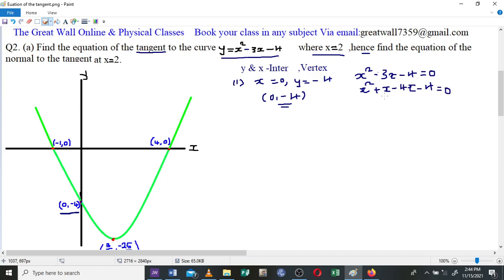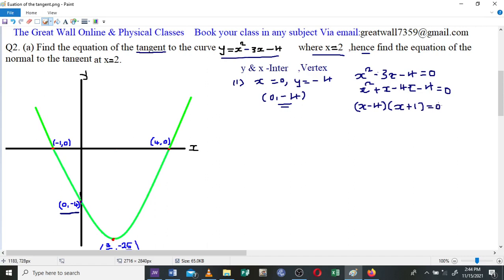When you factorize, you are going to get x minus 4, and x plus 1, is equal to 0.